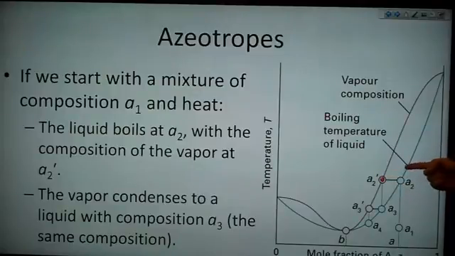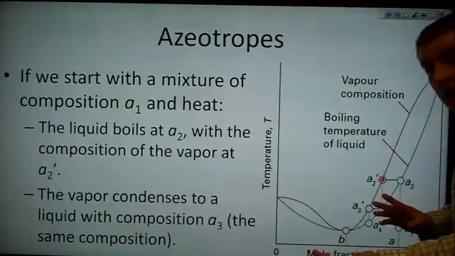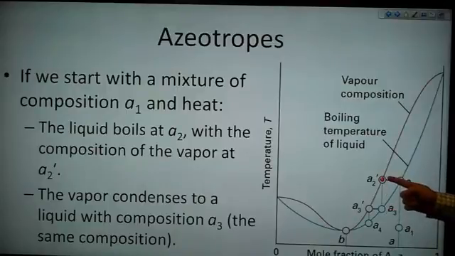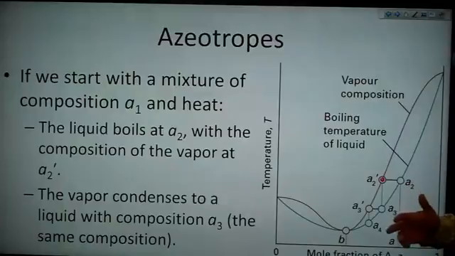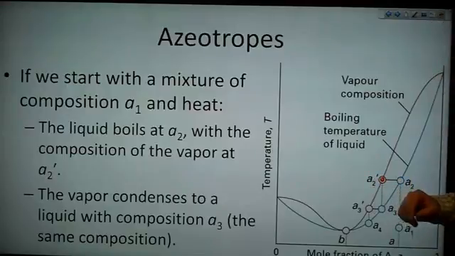The liquid boils, which means the vapor has a composition of A2 prime. Note that now the vapor is not enriched in A, it's been enriched in B. It has less A in it, so we move to the left. Now if we condense that vapor, and we're discarding the liquid, the liquid phase would have moved to the right and thus up on this blue curve.